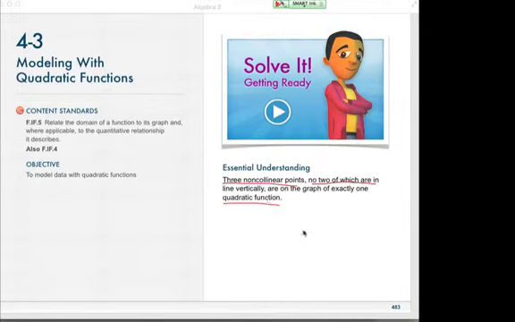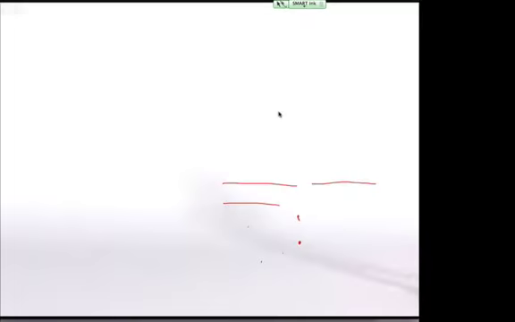And the second part is saying they also can't be lined up exactly vertically from one another. If that happened, obviously there's no parabola that goes through both of them. So any 3 points that I give you, there's going to be one parabola that goes through them. Okay, so let's take a look at this piece here, and then we'll get started.